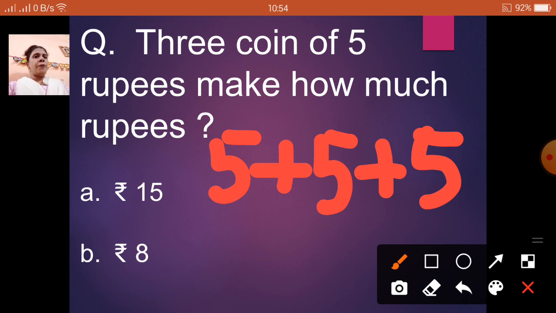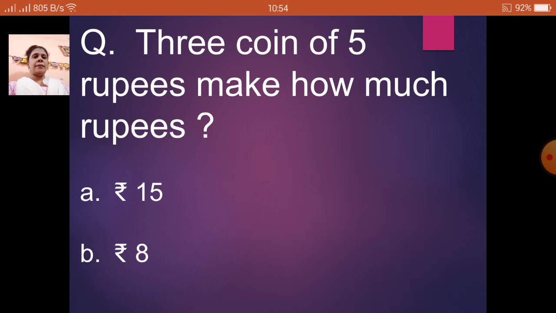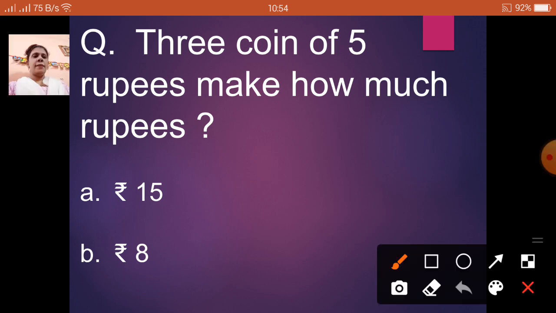Now I will count and total how many rupees there are. 5 plus 5 will be 10. 10 plus 5 will be 15. So 3 coins of 5 rupees will make rupees 15. Option A.